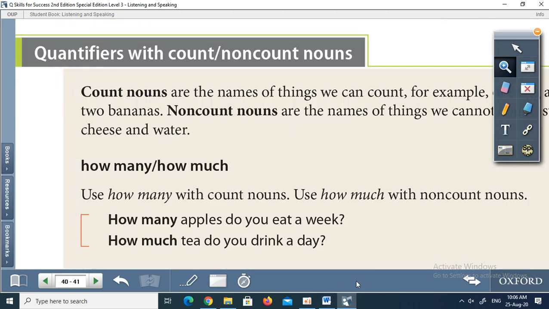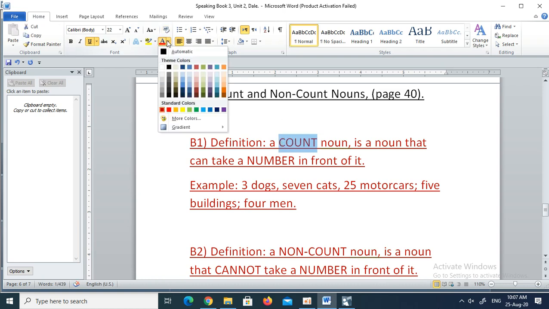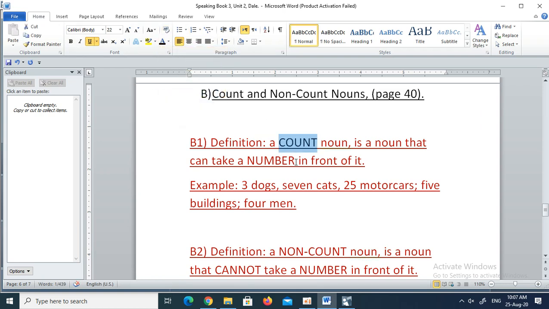Okay, let us go back very quickly. Let us go through what exactly we mean when we say a count noun or a non-count noun. Let us do some definitions. A count noun is a noun that can take a number in front of it.